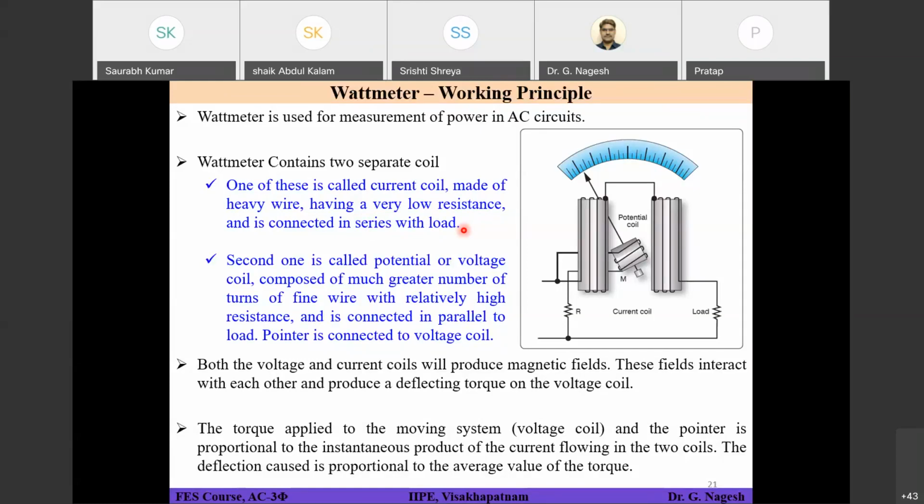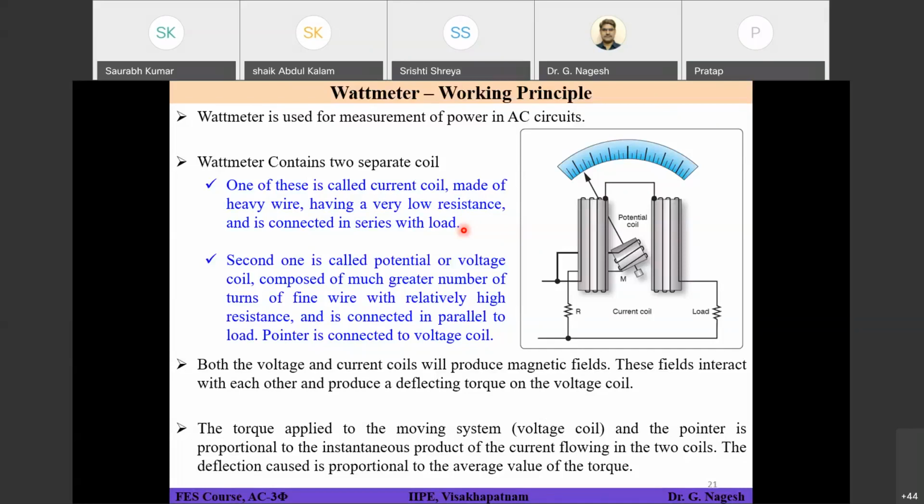Obviously it should have low resistance, because if resistance is there, that will also consume some power, and your calculation of actual power measurement will get affected. So it has low resistance, is connected in series with the load, and is basically a heavy wire.